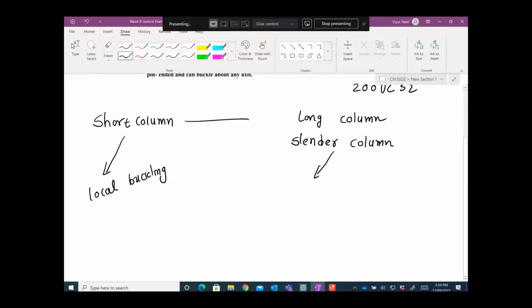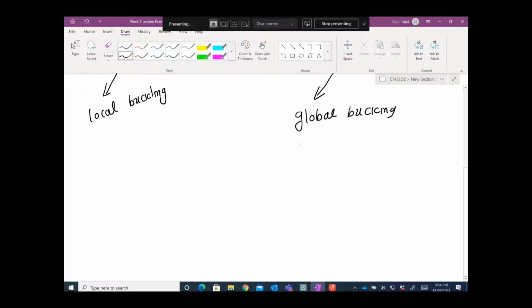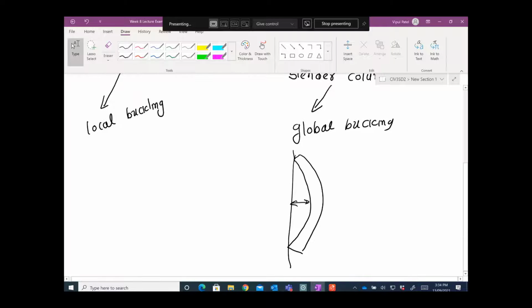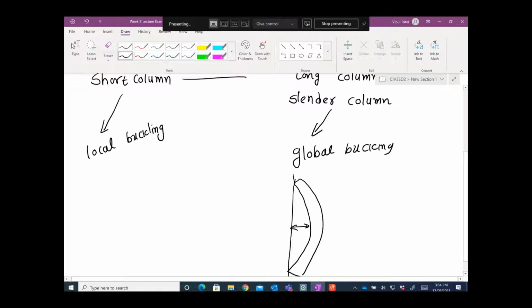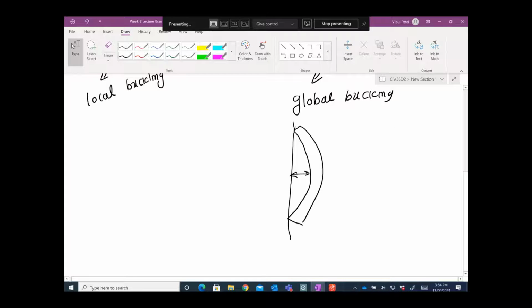But a long column loses stability and fails by global buckling, meaning your column, let's say this is a straight column, will do this. You will have this lateral deflection, that is global buckling when you have long columns, and here you have only local buckling. In long columns you will have a mix of local buckling and global buckling, because you will locally buckle and also have global buckling.